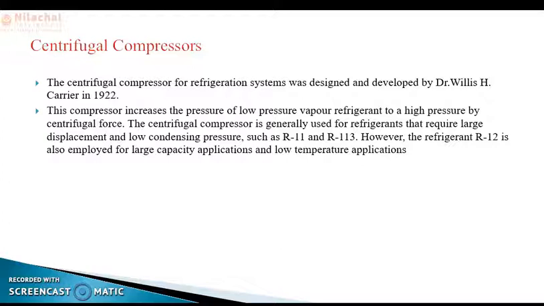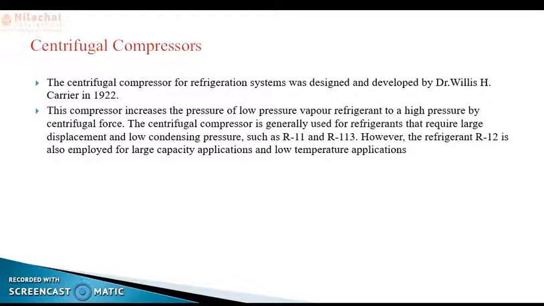In the centrifugal compressor, another parameter is the centrifugal force that you are using. That's why we give the name centrifugal compressor. The centrifugal compressor for the refrigeration system was designed and developed by Dr. Willis H. Carrier in 1922.